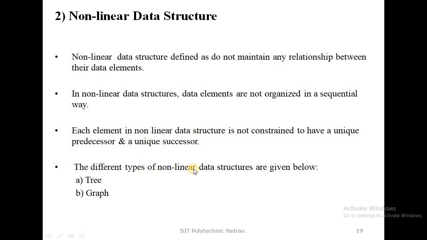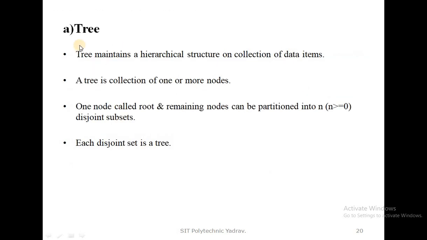The different types of non-linear data structures are tree and graph. These are covered one by one in the next slides. Tree: a tree maintains a hierarchical structure of a collection of data items. A tree is a collection of one or more nodes.